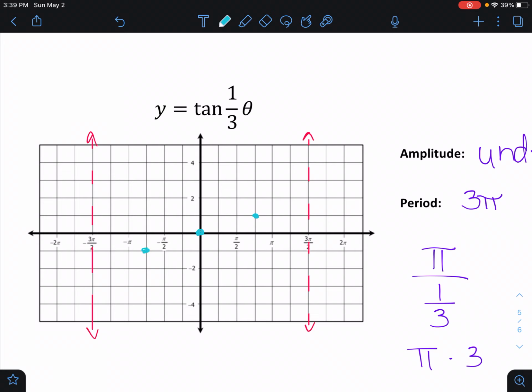Okay, and then 3 squares, I would see that.